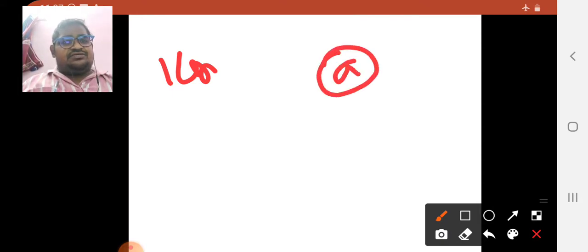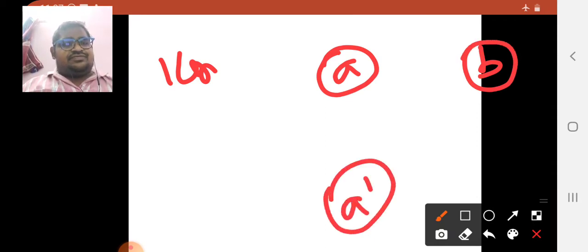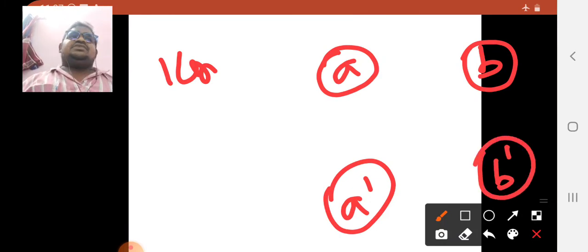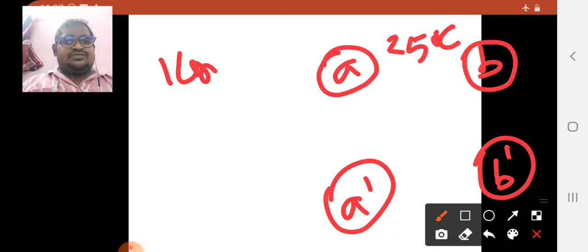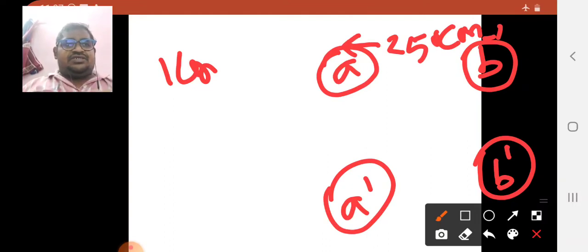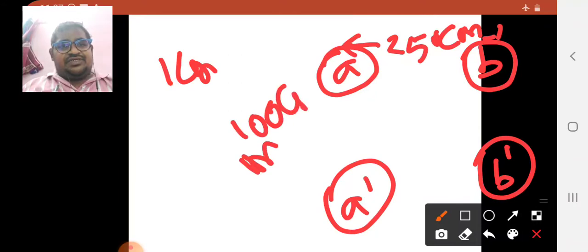What he told, this is a double circuit. He has given the total description. If it is A conductor, this will be B conductor, and this is A dash conductor, this will be B dash conductor, like this. He states that this is 25 centimeters between A and B, and between A dash and B dash the distance is 1 meter, that is 100 centimeters, or 25 into 10 power minus 2 meters.